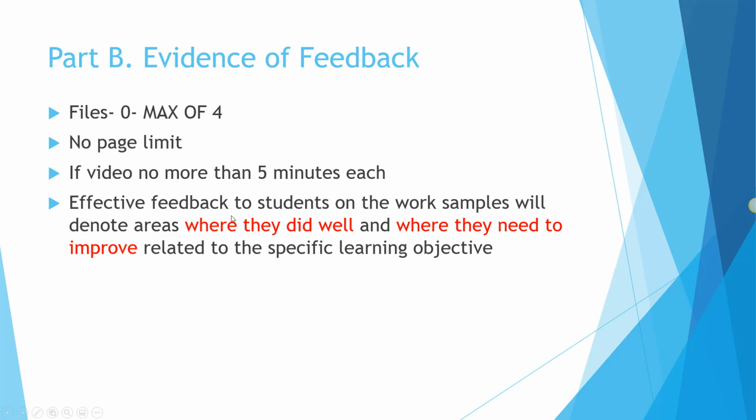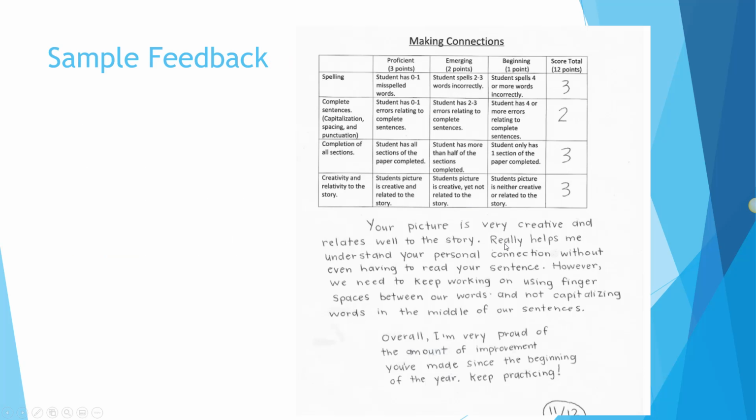Effective feedback to students, what they're looking for is what they did well and where they need to improve related to whatever objective you're looking at. So make sure you do both positive strengths and areas to improve. So here's a sample of what I was talking about, a sample feedback you would give to a student using a rubric.